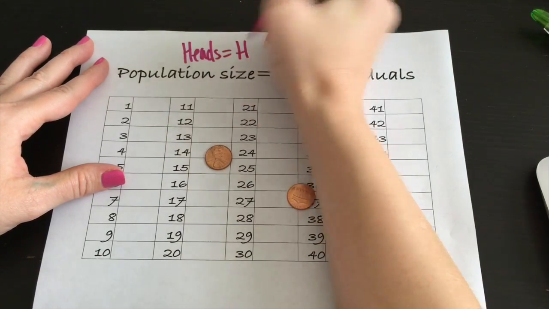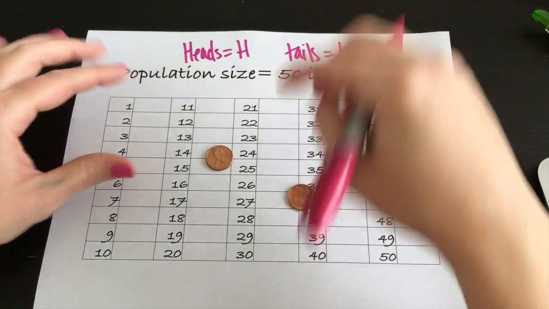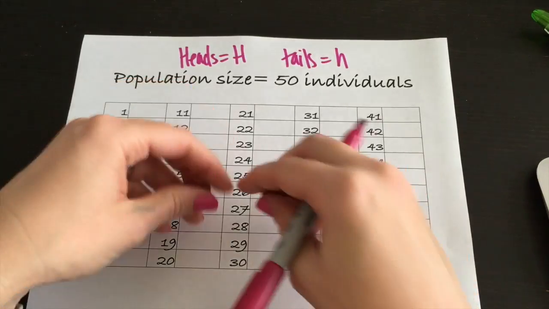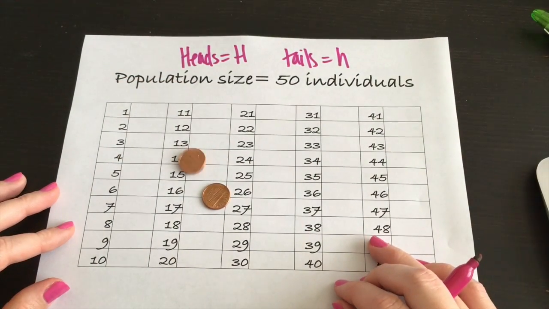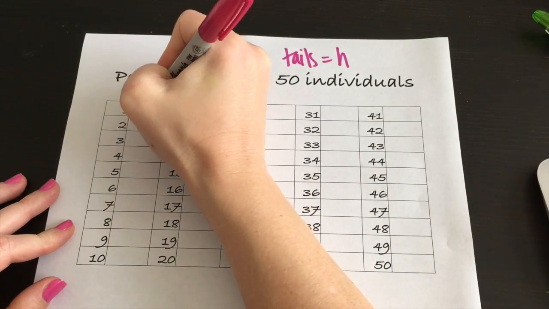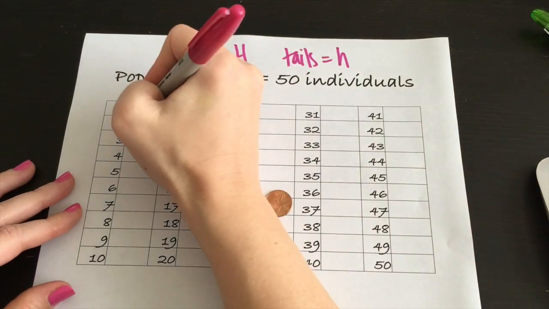Heads is going to be the big H allele, and tails is going to be little h. So we're going to do the genotype for person number 1. I got 2 tails. All right, let's flip it again. 2 heads.